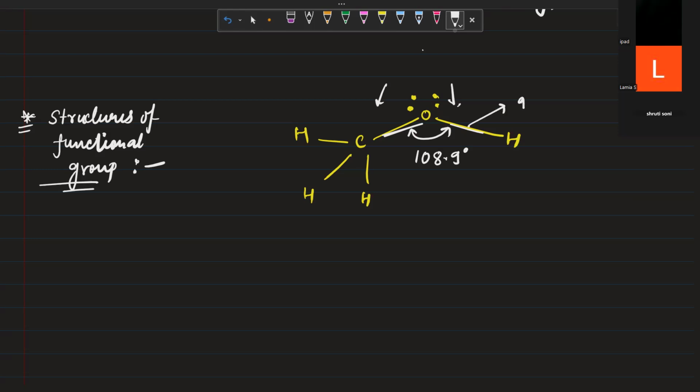This bond length is 96 pm. Pm means picometer. And this one is 142 picometer. Now you tell me how many sigma bonds this group has and what is the IUPAC name for this one.